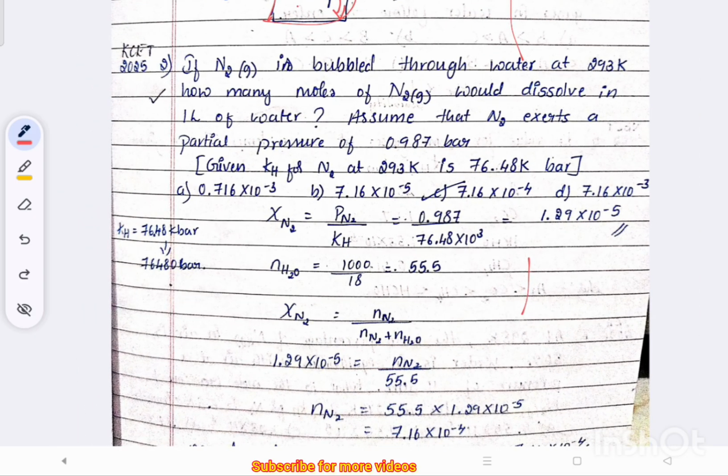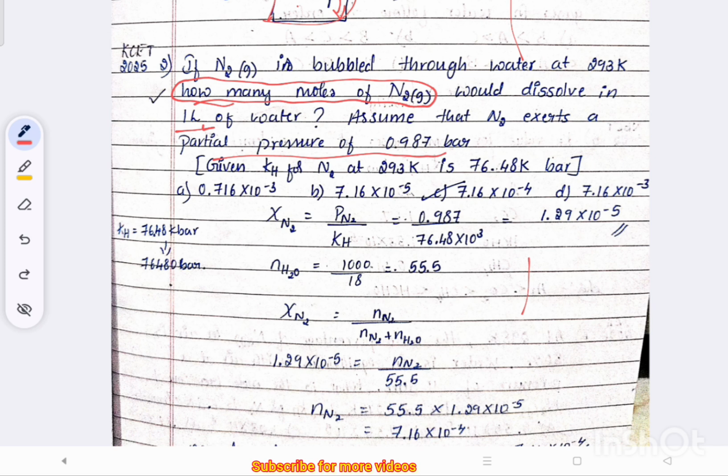So here what they are asking is the number of moles of N2. What they gave: it is dissolved in 1 liter of water, which means they gave the mass of water, and the partial pressure they gave.